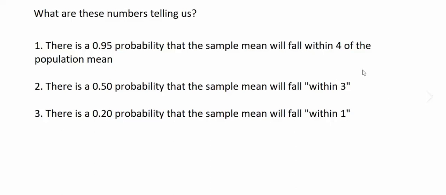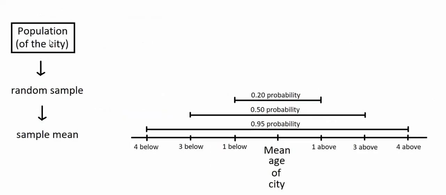So let's look at what I just said in a diagram, just so you can see it visually. So here we have the population that I'm sampling from. I'm taking my random sample, and I'm calculating the mean age of my participants, and I said we're imagining that the 20% margin of error came out to 1, the 50% margin of error came out to 3, and the 95% margin of error came out to 4.